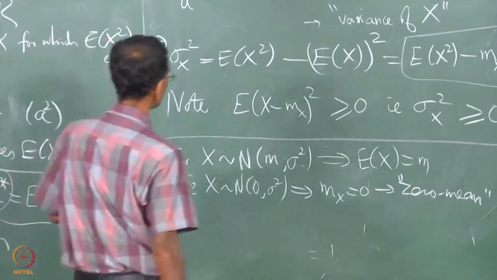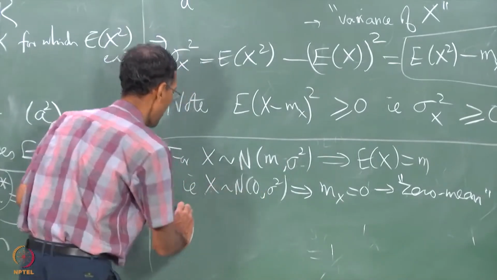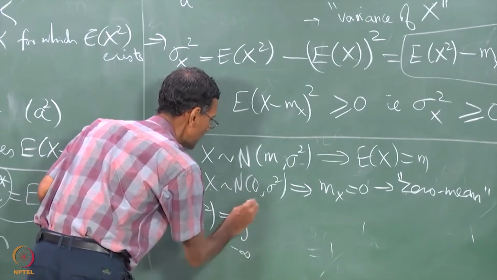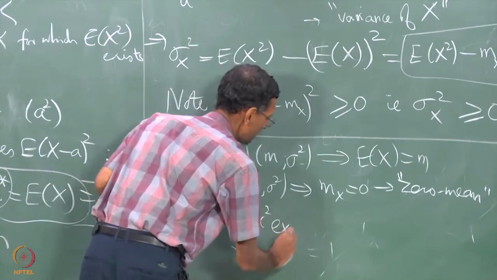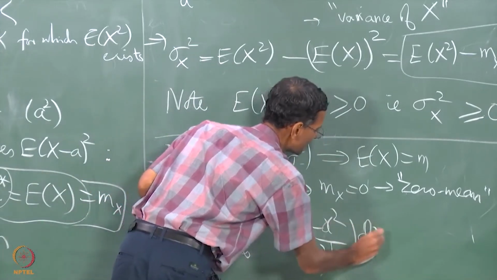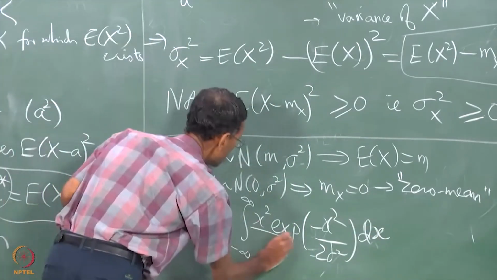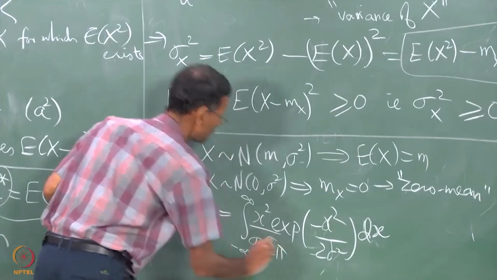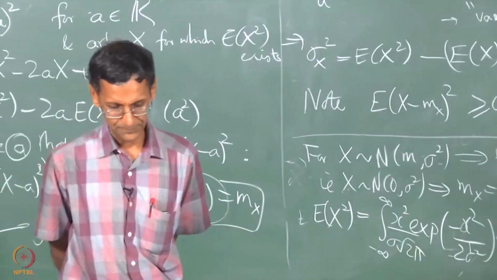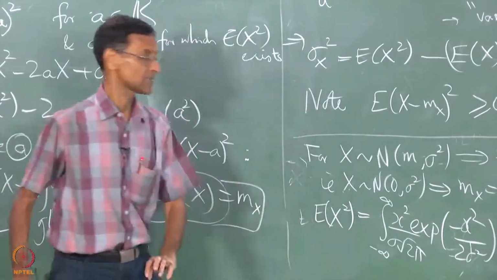If I take N(0, sigma squared), E of X squared is an integral from minus infinity to infinity of x squared e power minus x squared by 2 sigma squared dx, and of course there is a factor of 1 over sigma root 2 pi here. The difference is the x squared term here, so once again you integrate by parts.